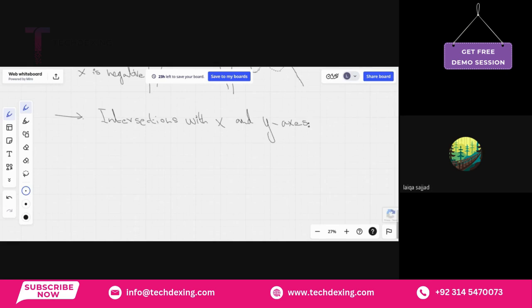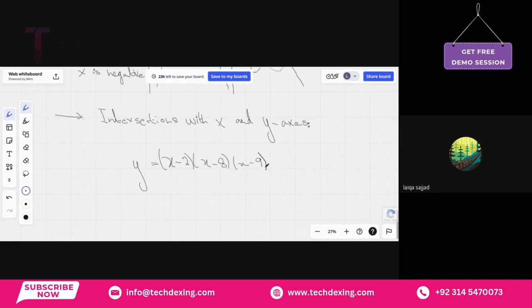Okay, if you are given any equation which can be factorized, for example, if it's directly given in this form, y equals the factors x minus 2 into x minus 8 into x minus 9.